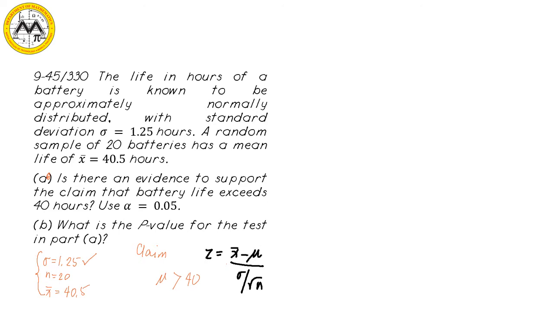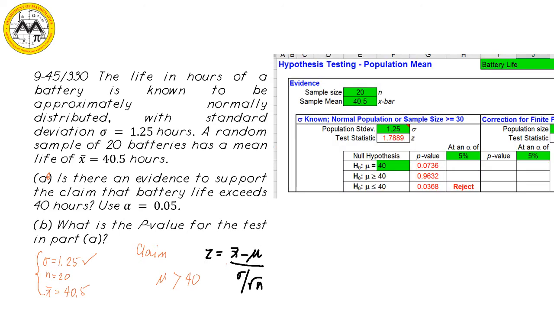But we can use our Excel solver. We are given n, sigma, and x bar, so we place here your n, your x bar, and your sigma, 1.25, and we test that mu is equal to 40.